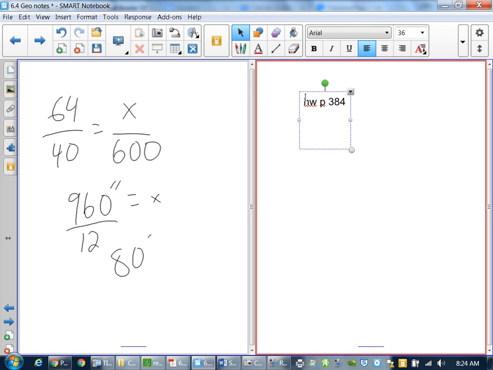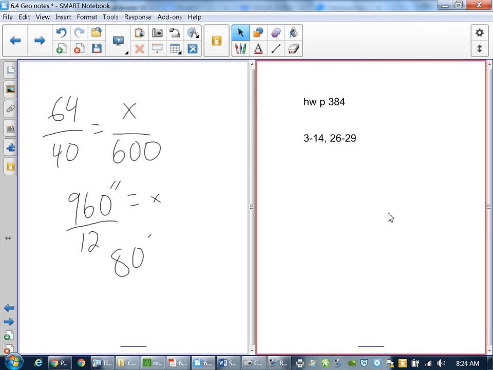Let's do 3 through 14. That's 11, 12, and 13. Let's do that. Those work. That's not bad. Chapter 6, this is 6.4.